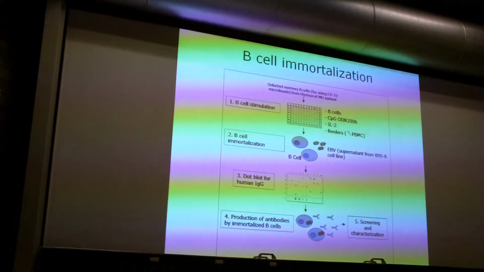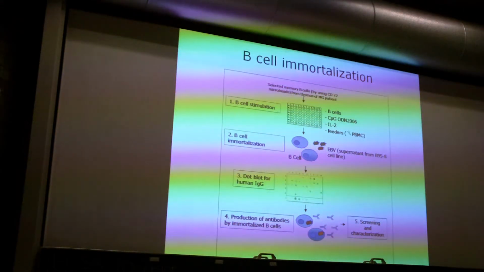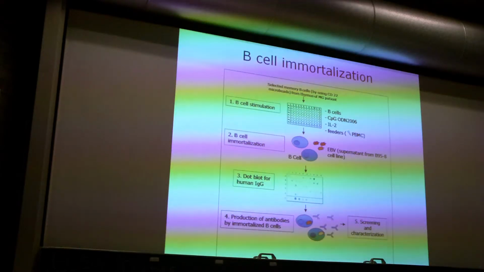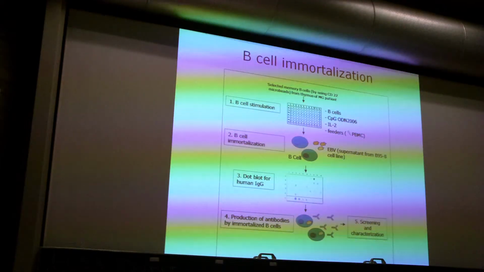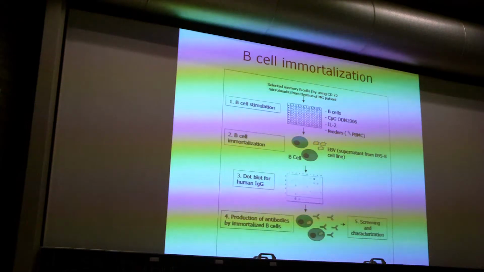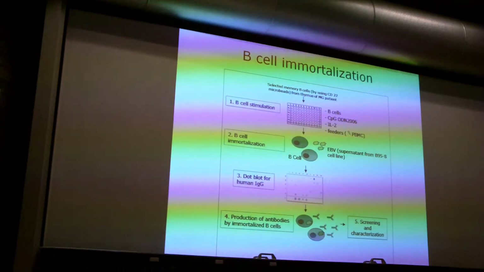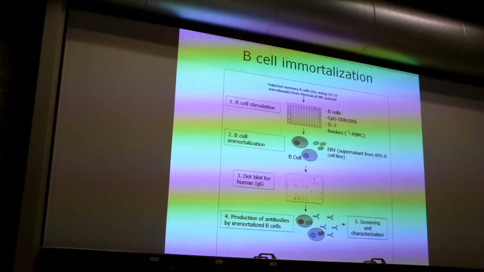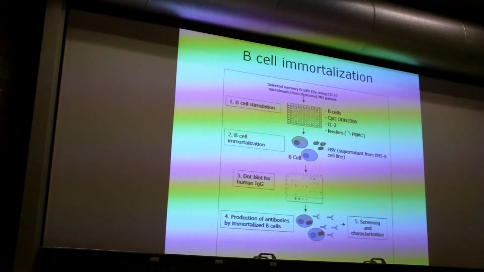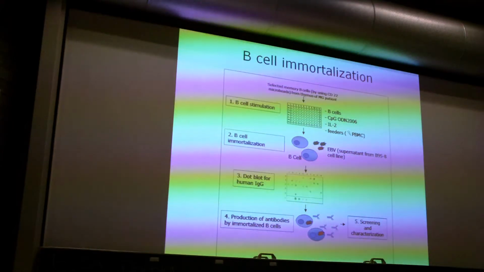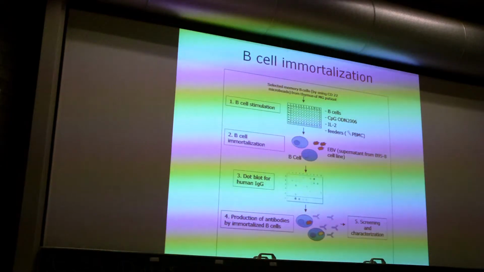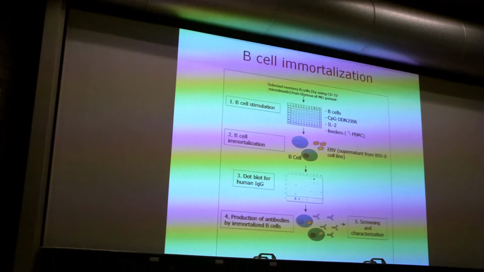One is to upgrade this, to make lots of plates, not only one, but 10 or 20, in parallel and test them all. Or you can select already the B cells for the right activity. So that since they produce the antibody, you can do a FACS to find the right B cells that will bind to your antigen. So you need a fluorescently labeled antigen to then bind your specific B cells.